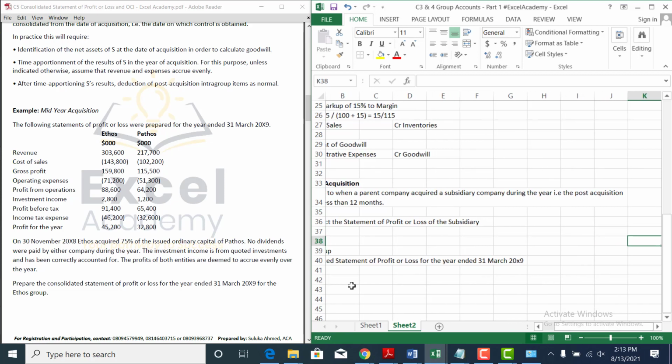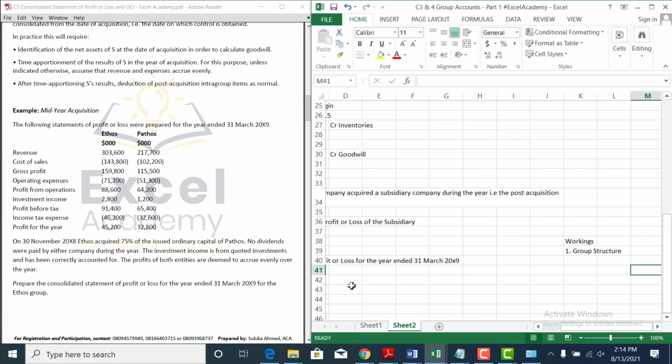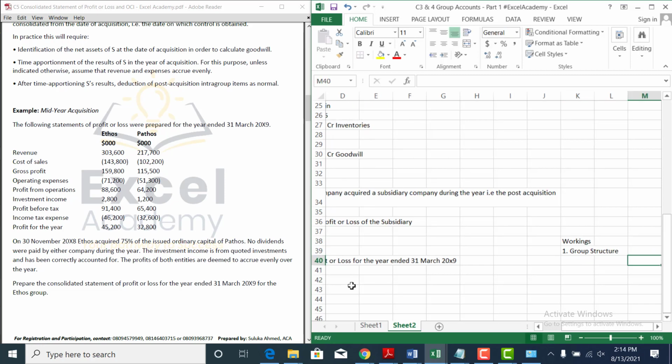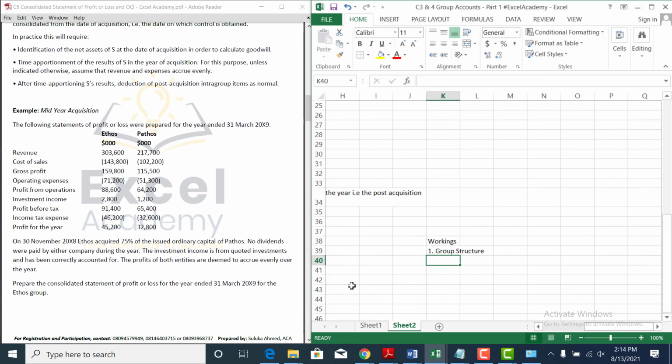Working one is the group structure. Ethos acquired 75% of Pathos, so non-controlling interest will be 25%. The date of acquisition is 30 November 20x8, and the date of reporting is 31 March 20x9.